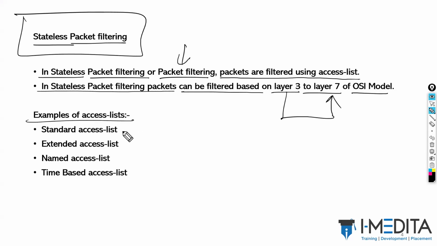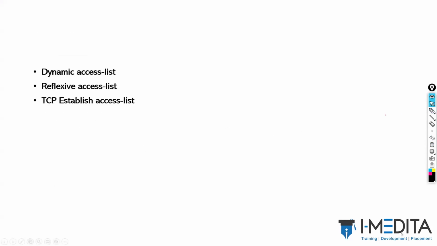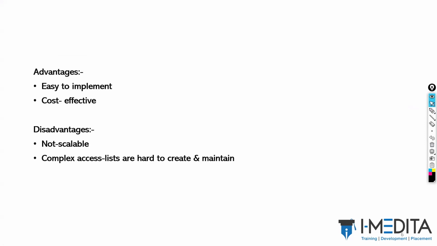Examples of access lists: you can deploy standard access list, extended access list, named access list, time-based access list, dynamic access list, reflexive access list, and TCP established access list. These kinds of access lists you can use to filter the traffic.